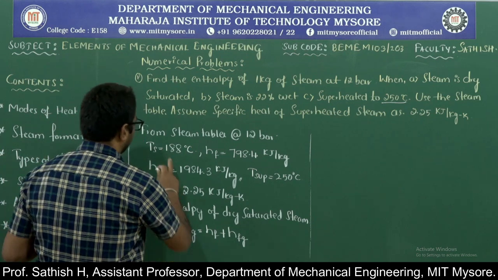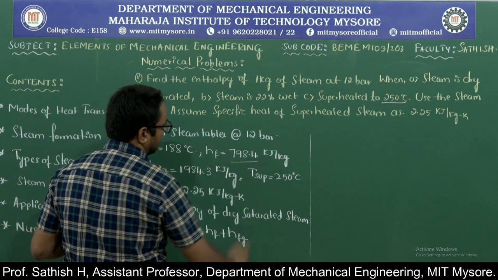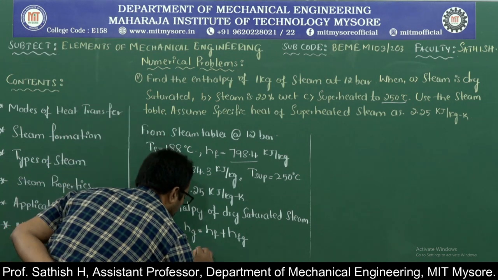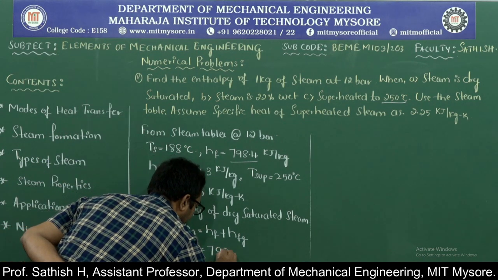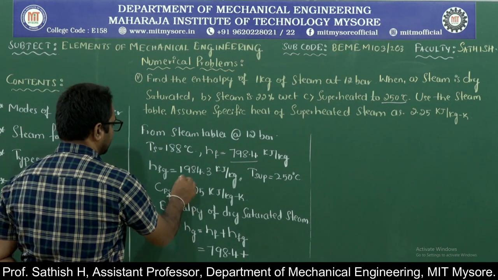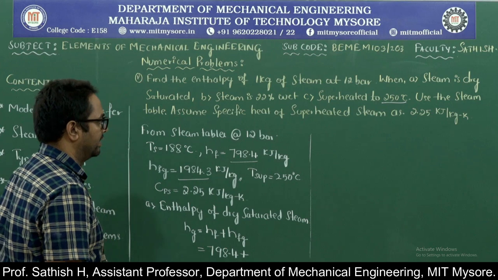So what is Hf from the data handbook? This is 798.4, so I will substitute that. Hg is equal to 798.4 plus, what is Hfg? Hfg is here 1984.3.